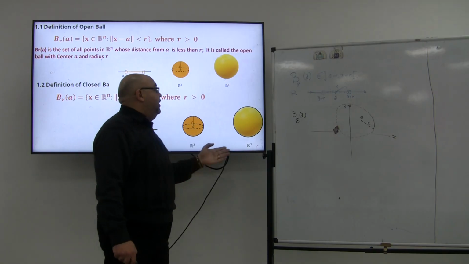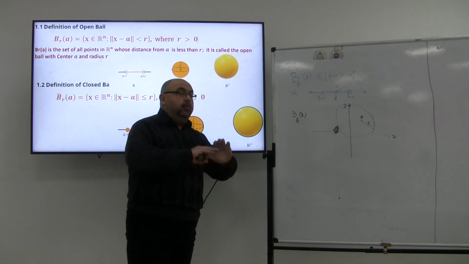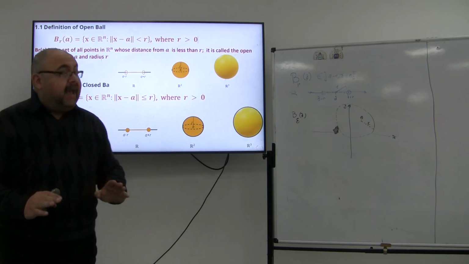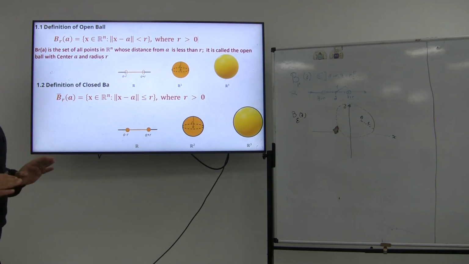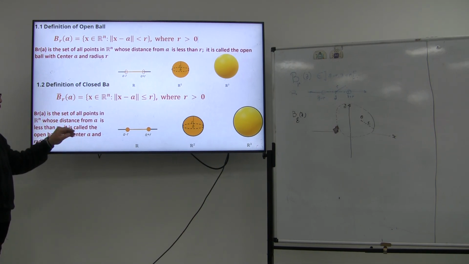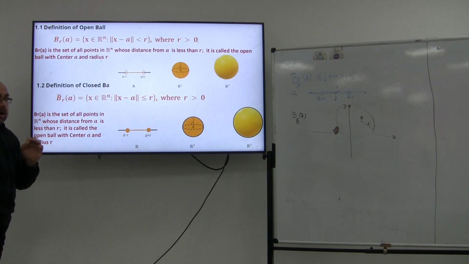If I'm in R3, it will be a sphere including the surface of your sphere, as you can see from this slide, which represents the definition of an open ball. And once more, B_R at A, or B(A, R), with radius R, is the set of all points in Rn. Look to the meaning.